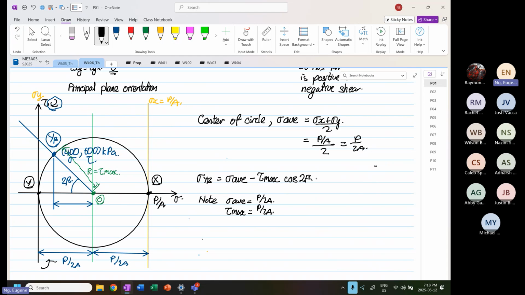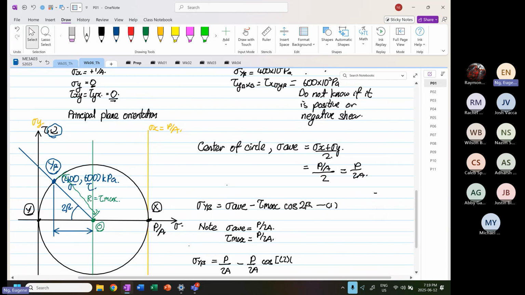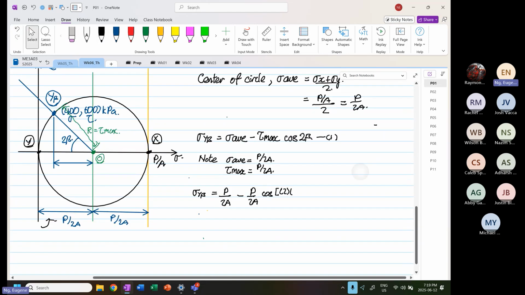So if I were to rewrite equation 1, stress y beta, small y, I do apologize, stress y beta is equal to P over 2A, then minus P over 2A, right? Cosine 2 multiply, so beta, let me confirm, is 2 times 22, 44.